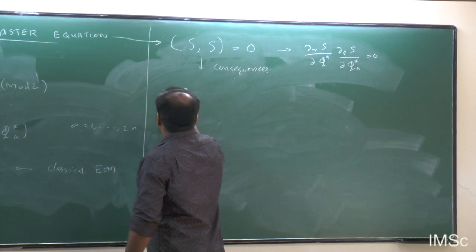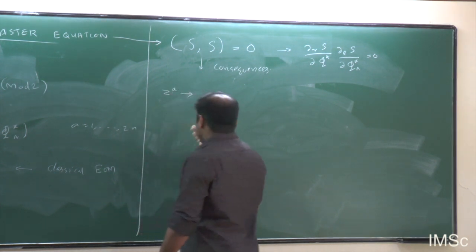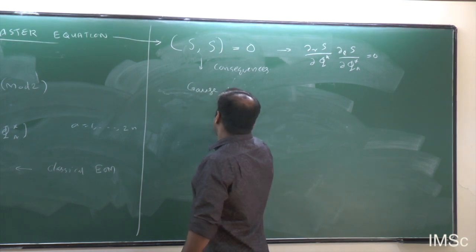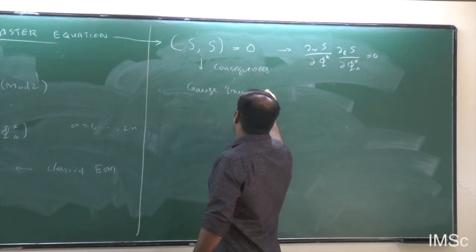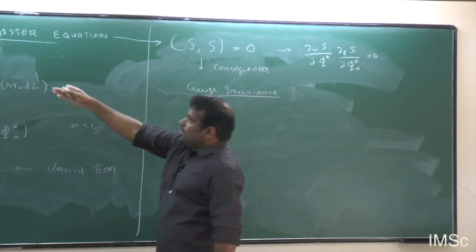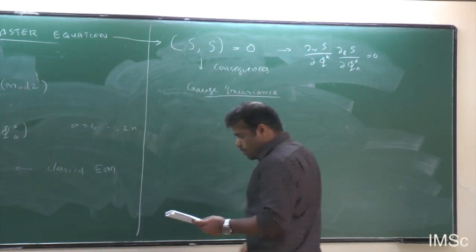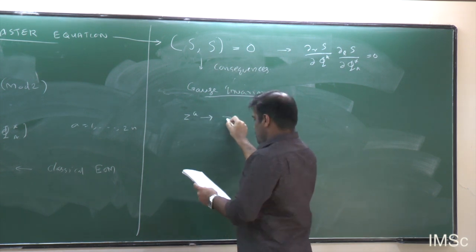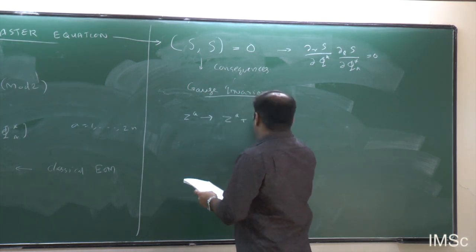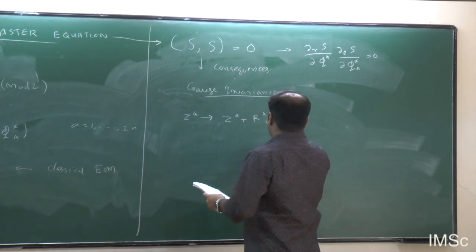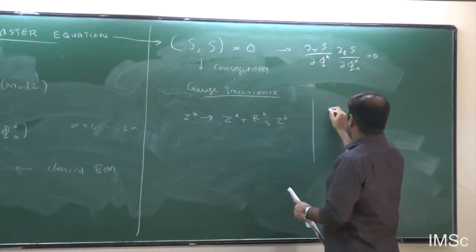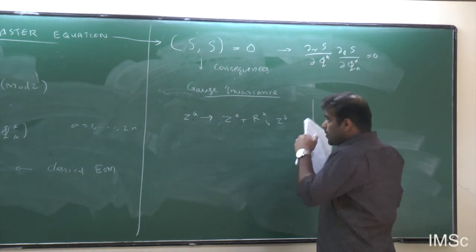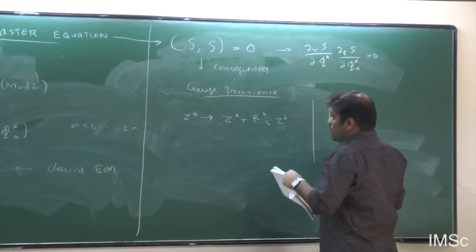Now you can check what happens when you do the following transformation. I'm going to analyze the gauge invariance of this generalized action, the master action. Consider the field CA and do the following transformation: CA goes to CA plus RAB CB, where RAB is a matrix that you construct using your BV master action.